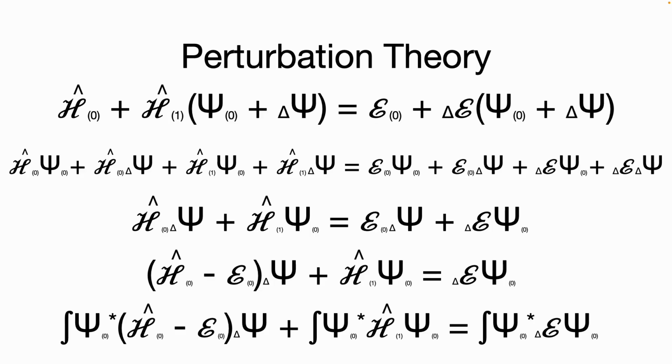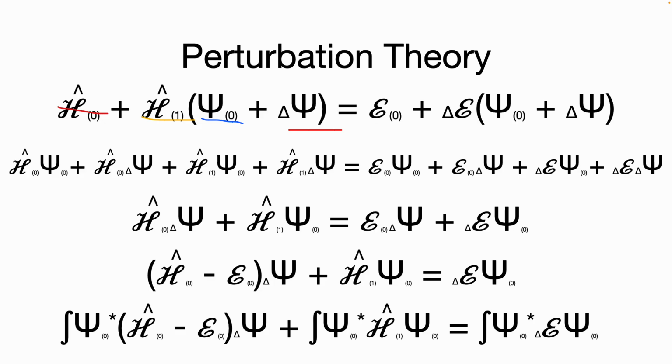To do that, what we do is to take the total Hamiltonian, that is the sum of the exactly soluble Hamiltonian and the perturbing Hamiltonian, and apply it on the eigenfunctions of the total Hamiltonian, which was expanded as a sum of the eigenfunction of the exactly soluble Hamiltonian plus a correction term. And this is going to be equal to eigenvalue times the eigenfunction.